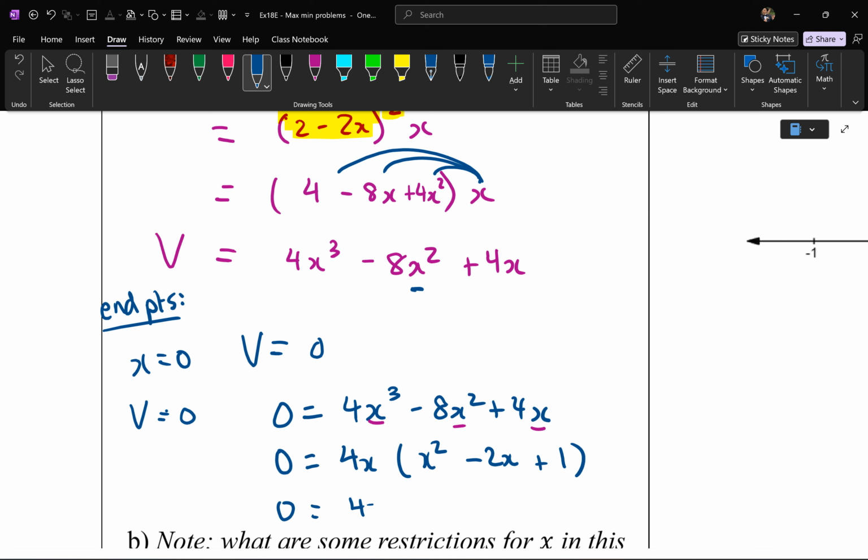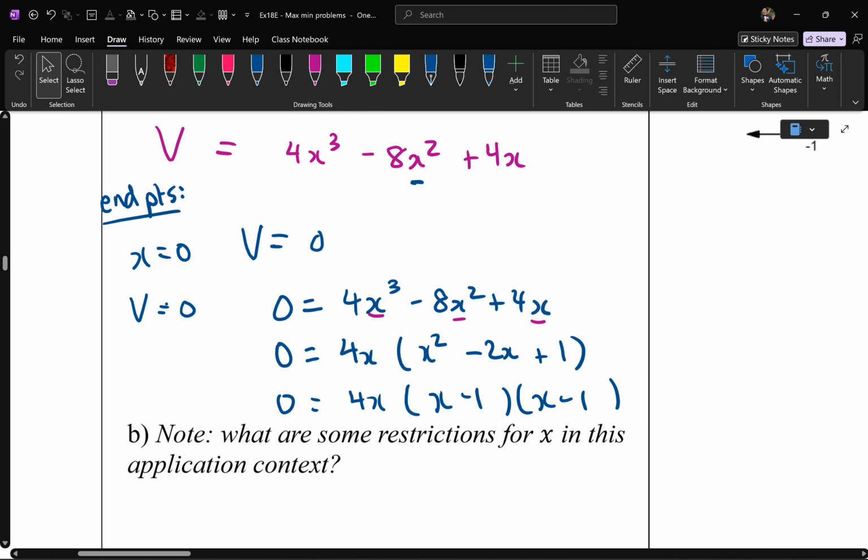Factorize this, so that's 4x. What is the factorized form of x squared minus 2x plus 1? What's that factorized to? Good. X minus 1, x minus 1. So that means you get 4x bracket x minus 1 squared.